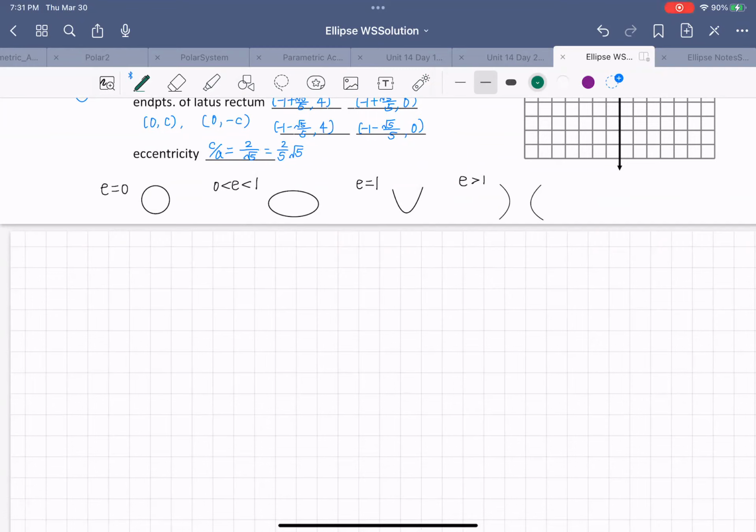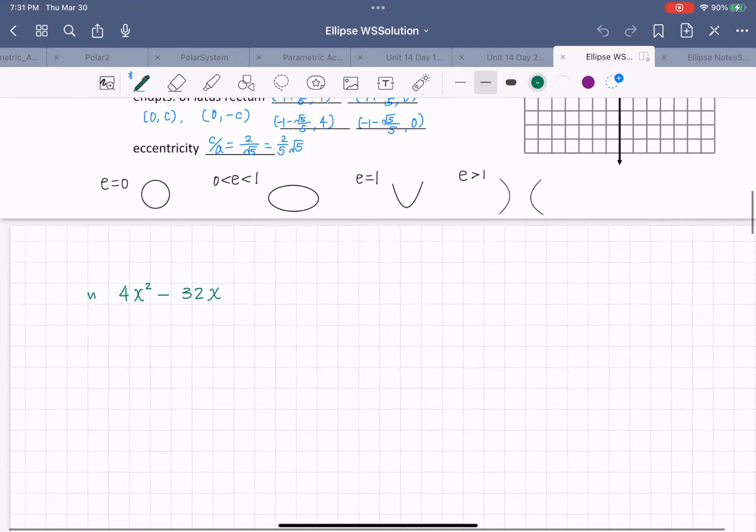Previously, in Algebra 1, we have something like this. You have the parabola. I say, okay, you need to give me the vertex format. So what do you do? You take out 4 first. You do x squared minus 8x. Correct, Daniel? Yes. And then what you do?